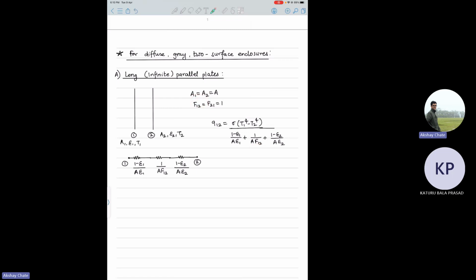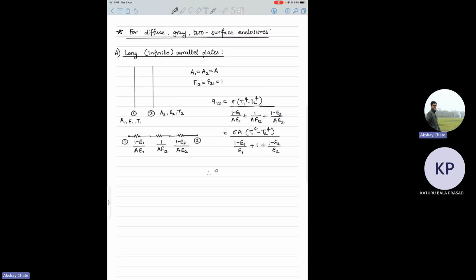You can take A common from all three terms in the denominator and take it to the numerator. So what remains is sigma A (T1 power 4 minus T2 power 4) divided by (1 minus epsilon 1) by epsilon 1 plus (1 minus epsilon 2) by epsilon 2.